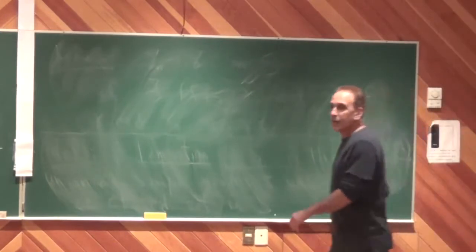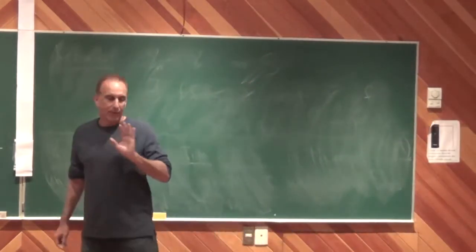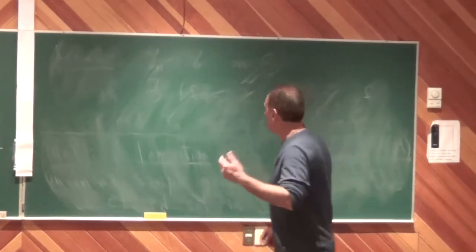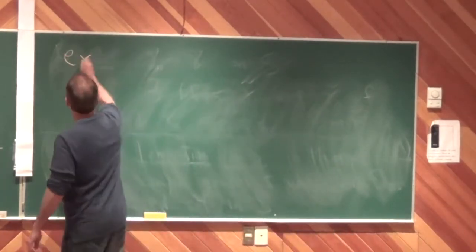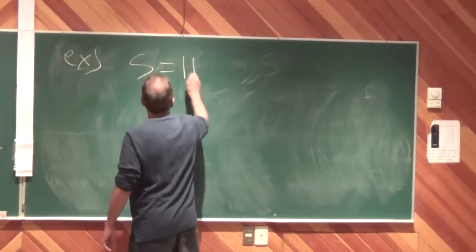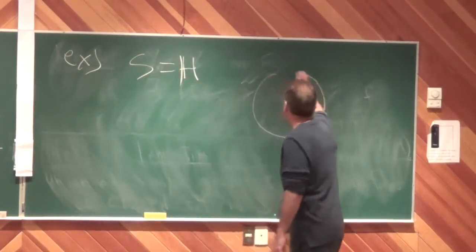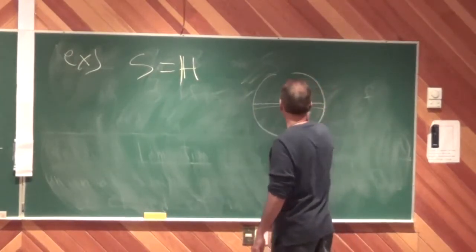So if the surface has infinite area, well, back up. Here's an example where the surface is the hyperbolic plane. Here's a lamination. Well, there's lots of laminations that you can draw.